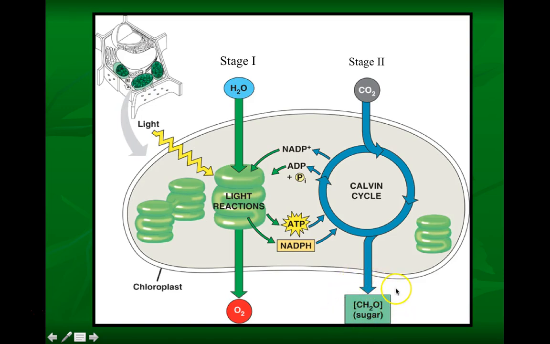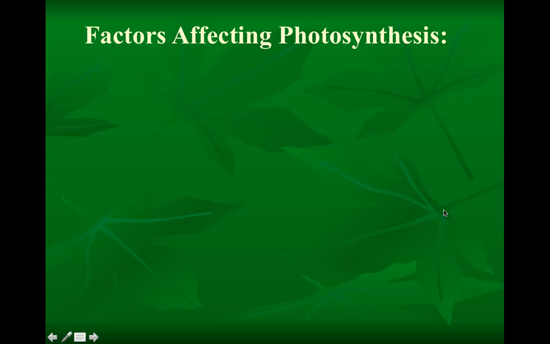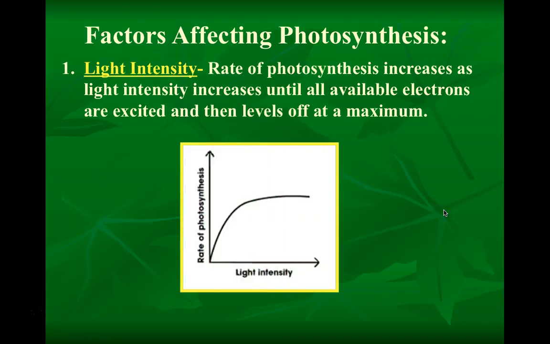There are three major factors that affect photosynthesis. The first one is light intensity. If there's not a lot of light, maybe it's shady, it's raining, and the light intensity is not as much, or if it's an indoor plant and it's not getting a lot of light or it's in the shade, that energy is not going to be able to split the water molecule.